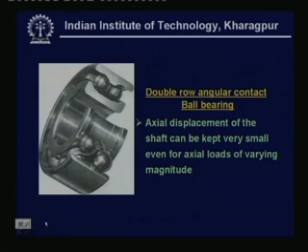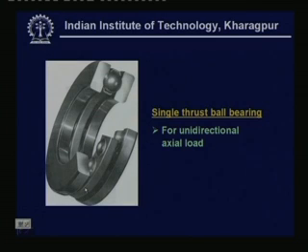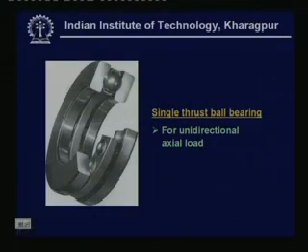The next one we can have is a single thrust bearing, this is purely for unidirectional axial load. So, when there is a pure axial load, you can utilize this sort of thrust bearing. You can see that if it goes to the bearing axis, then these are the balls.